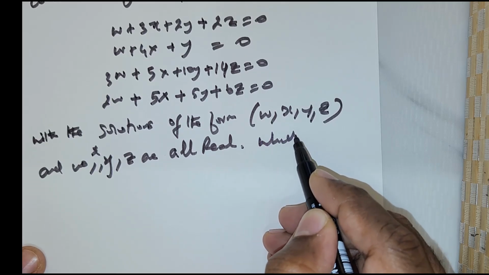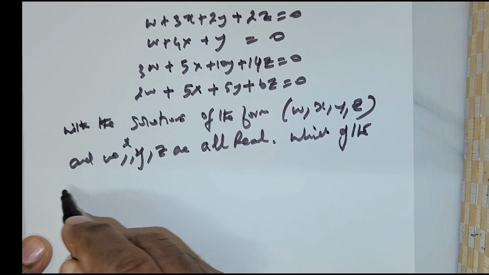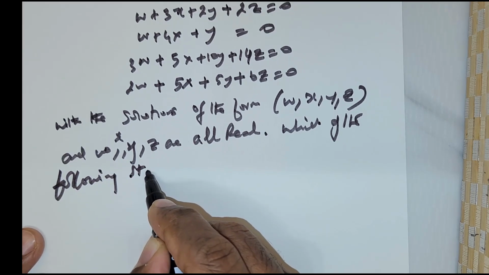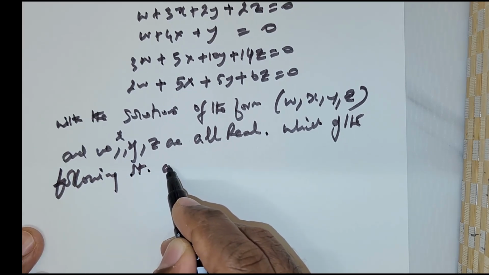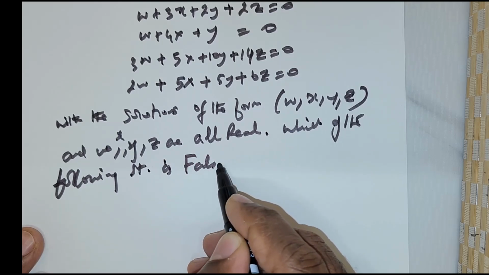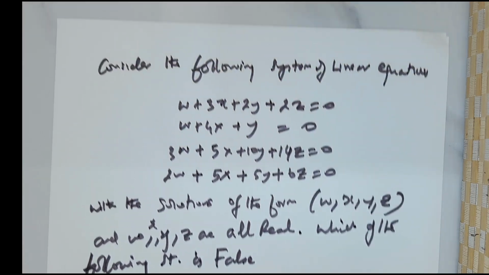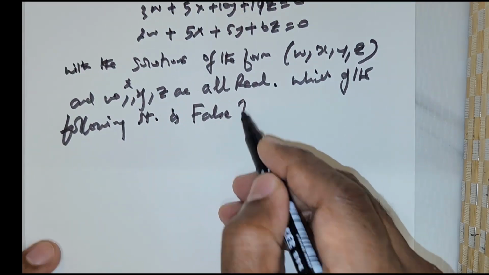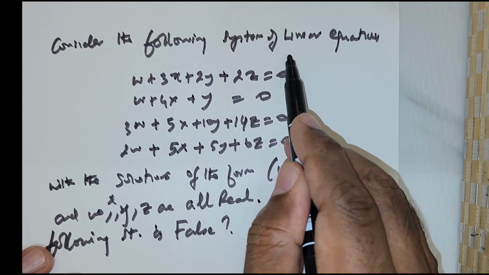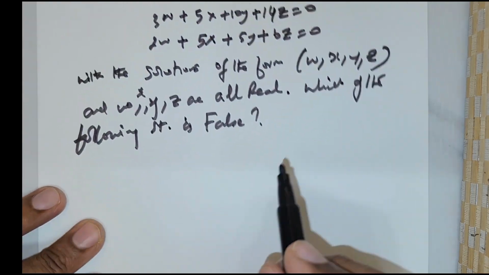Which of the following statements can you say is false? Sometimes they might say "are false," which means more than one statement is false. So what is the understanding here? We're given a linear system. So that is the first point.